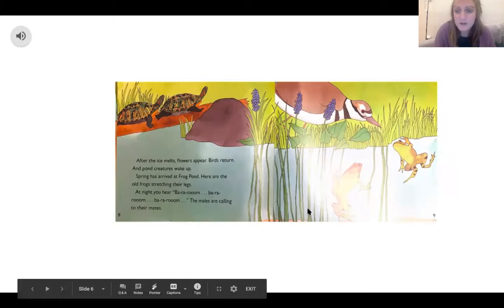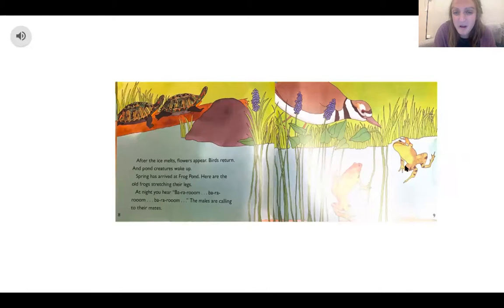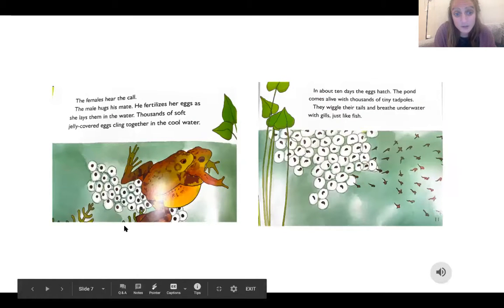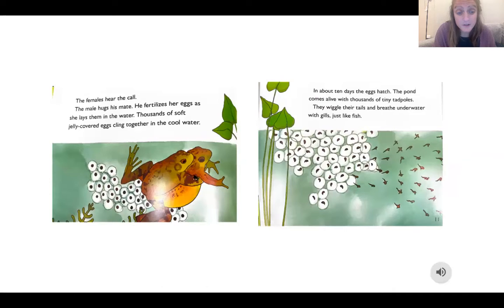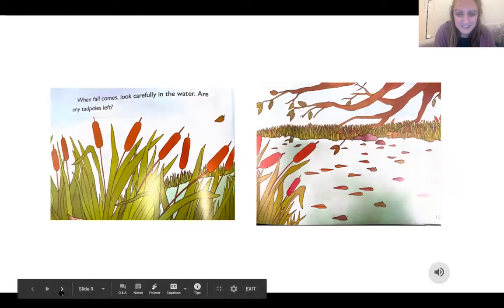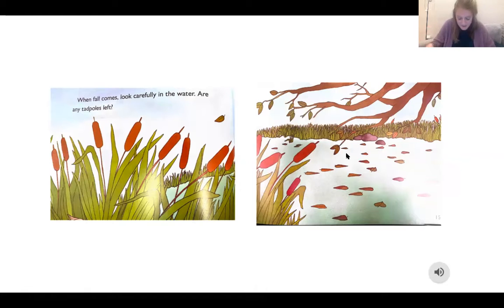The above water in the ponds, you could draw that. The grasses, the other animals, the frogs swimming around. You could draw a picture of the frogs laying eggs in the ponds. Ooh, yeah, you could draw a picture of the grasses and the tadpoles kind of lying still, almost looking like leaves.